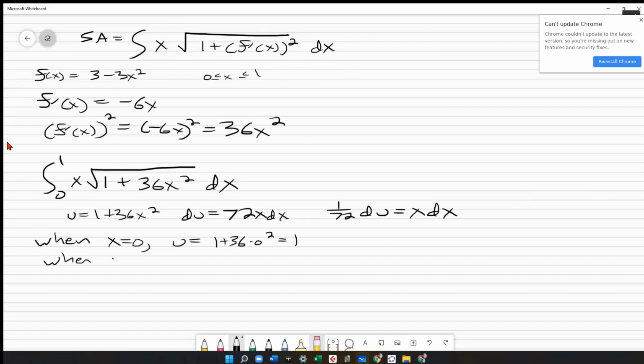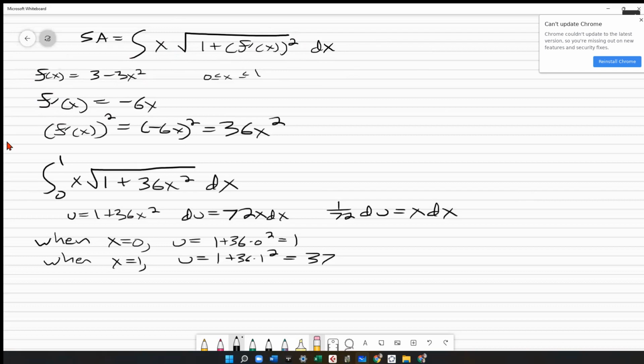When x is 1, u is 1 plus 36 times 1 squared, which is 1 plus 36, which is 37. And these are the kind of weird numbers you're going to get when you start doing surface area integrals. You're going to get numbers like 37 and then the square root of them as well.